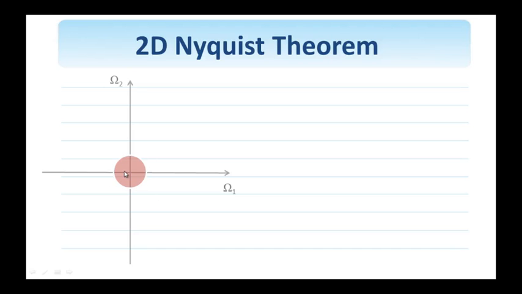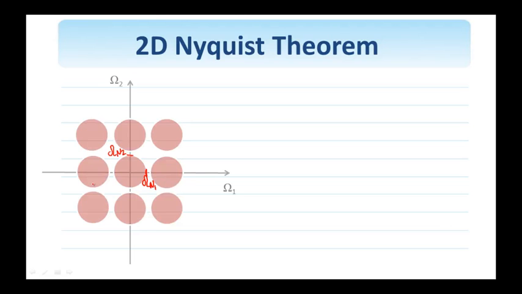So here is again the support of the spectrum of the analog image, and let's call omega n1 the highest frequency in the horizontal direction and omega n2 the highest frequency in the vertical direction. After I sample this image, it is desirable that the spectrum of the discrete image looks like this. So in other words, there is no aliasing.